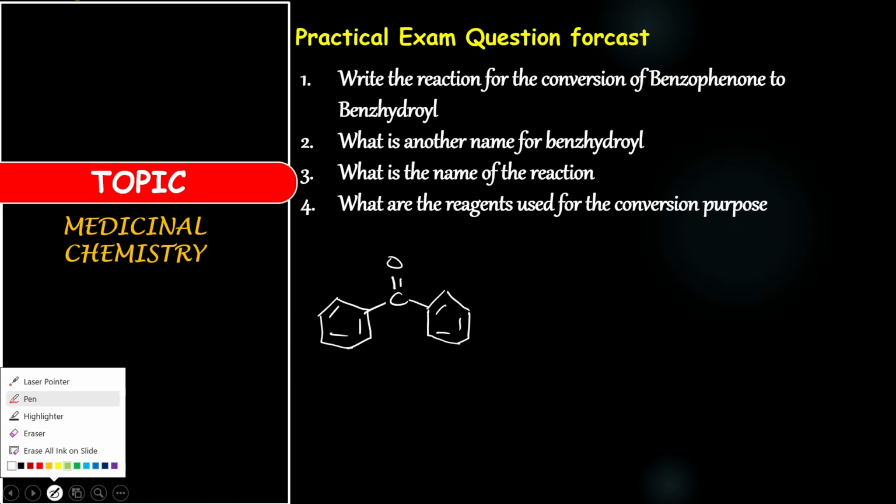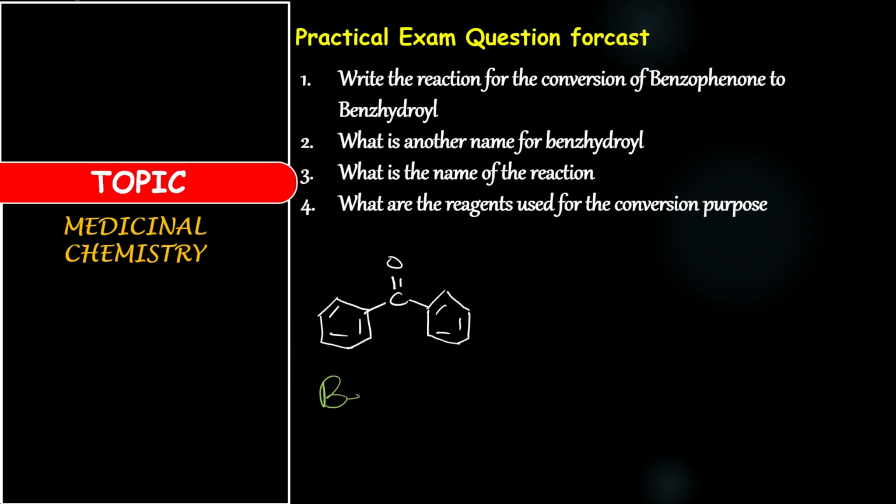So what's the name of this ketone? We said it is benzophenone. Now, this benzophenone, if we react it with sodium hydroxide and ethanol, this is going to give us benzhydrol, which is something like this.